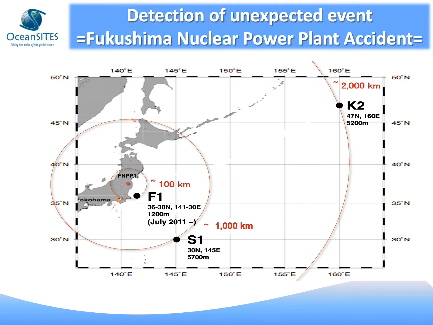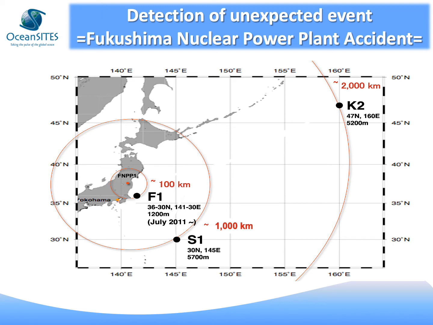Time series sediment trap observation can also detect unexpected events. When the Fukushima Daiichi nuclear power plant accident took place after the great earthquake and tsunami in March 2011, time series sediment traps had been deployed at about 500 meters and 5,000 meters at our time series stations K2, which is about 2,000 km distant from the power plant, and station S1, which is about 1,000 km distant from the power plant.